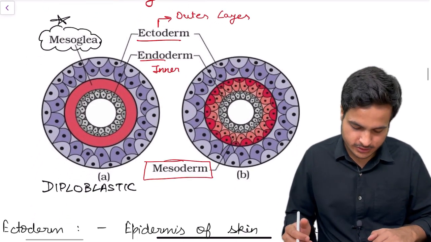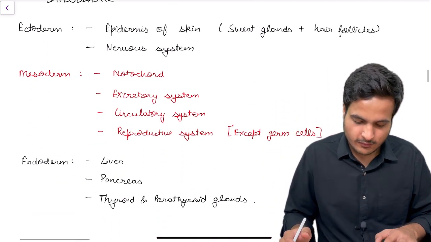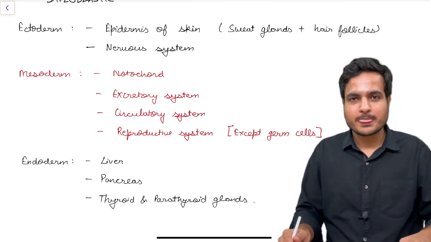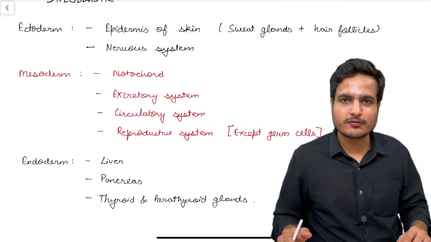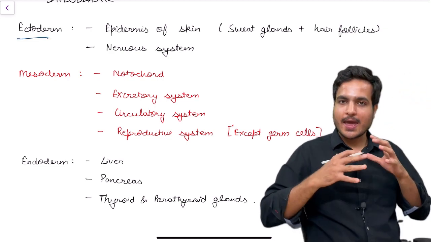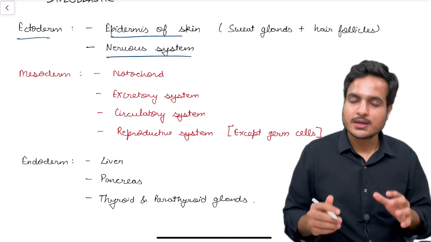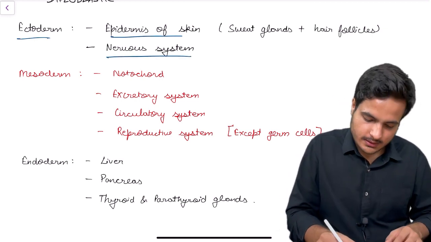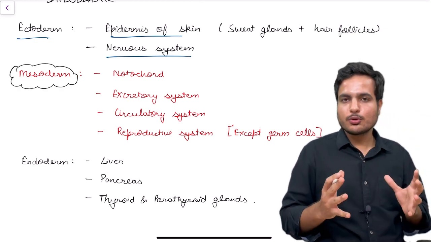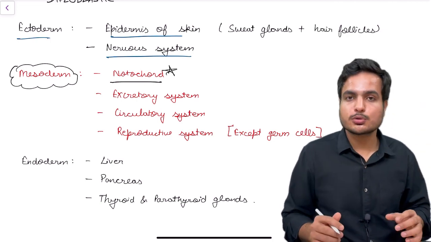Now out of curiosity you may be thinking, what do these germ layers do? Just for some extra knowledge, you must know that ectoderm gives rise to the epidermis of the skin. The skin epidermis and nervous system are derived from ectoderm, the outer layer. The middle layer, mesoderm, has a key role in the development of notochord, and it's mentioned in the NCERT also.